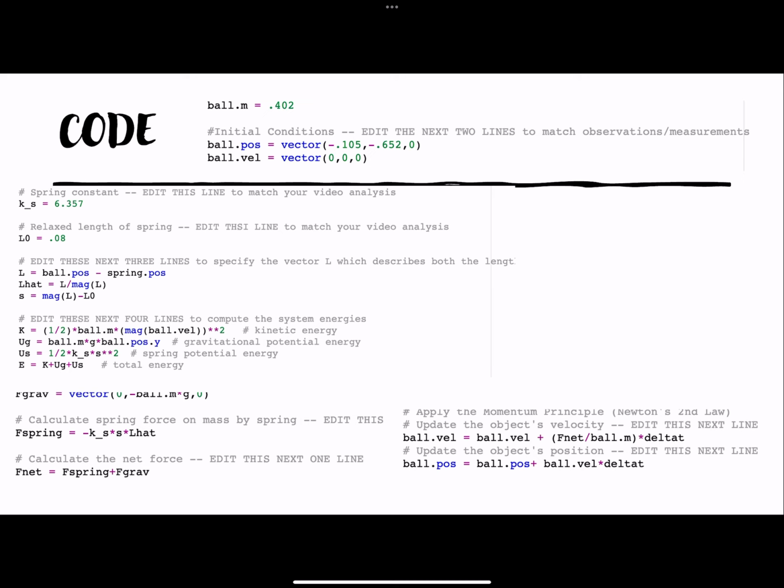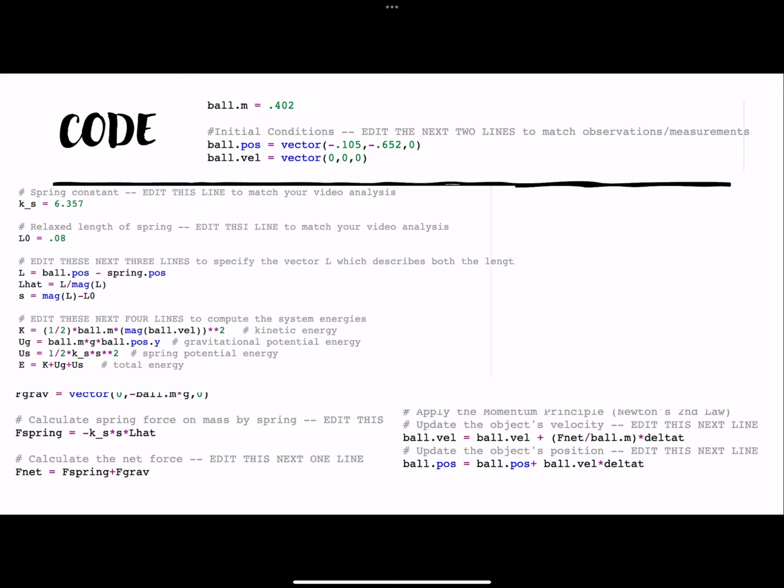The spring constant, I calculated using the spring force formula, and I went ahead and calculated the L and L naught using the position formula because L naught is the relaxed length, so L is the current position minus the spring position, and L hat, that's the direction.